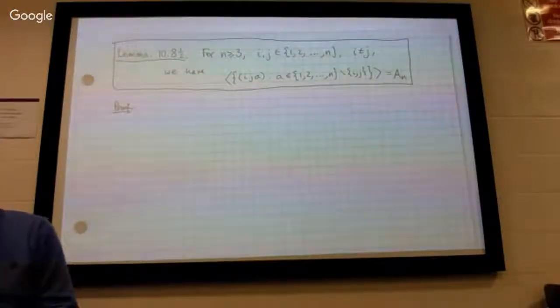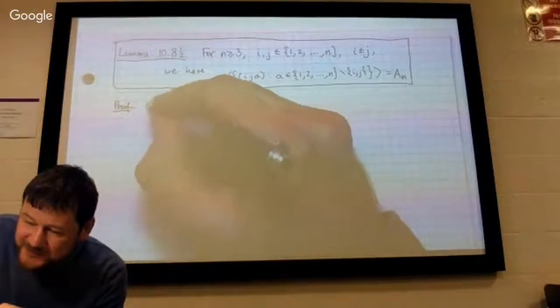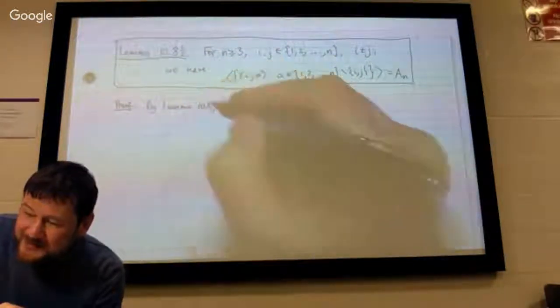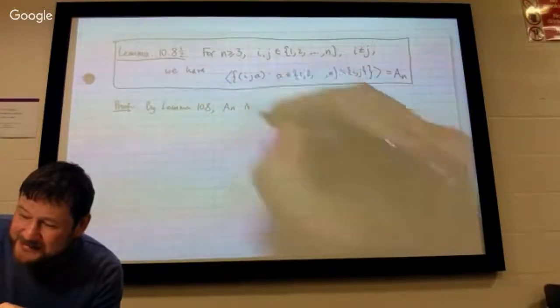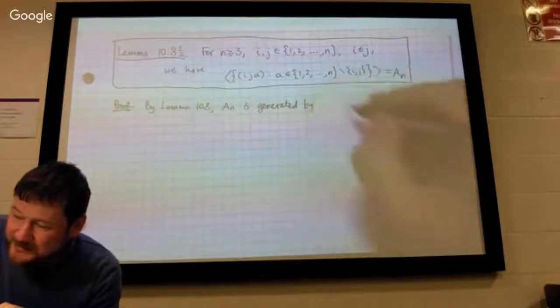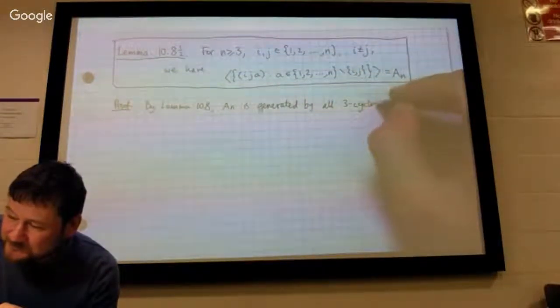The proof is, okay, well, by the previous lemma, lemma 10.8, A_n is generated by all three-cycles.